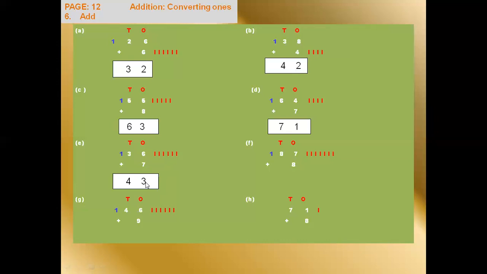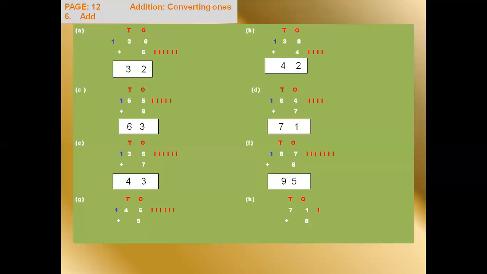We write 3 here and 1 go to add in tens. So we write 1 here and then add in 3. 3 is the tens. 3 plus 1, 4. And question 36 plus 7 answer is 43. Okay, boys.